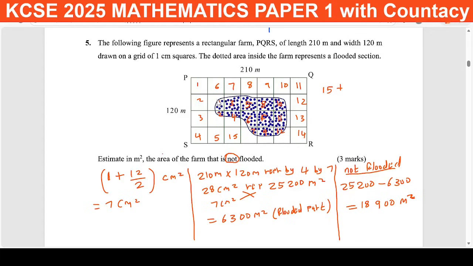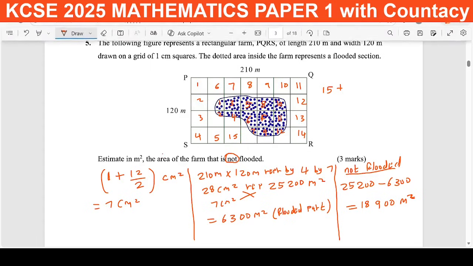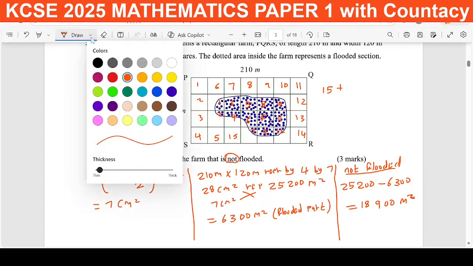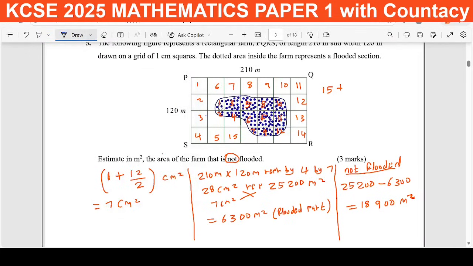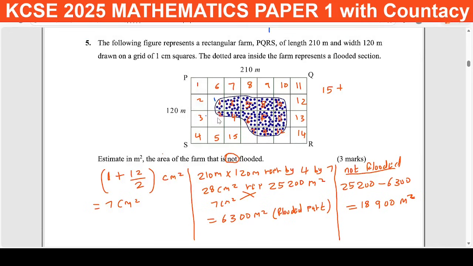The other ones that are not full. So there's this one. We could have used a different color. The other one that's not full, it's this one. 1, 2, 3, 4, 5, 6, 7, 8, 9, 10, 11, 12. There are 12 of them.